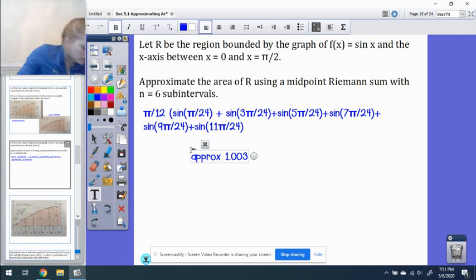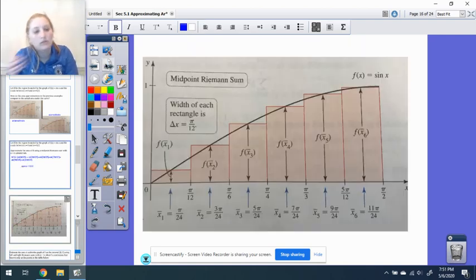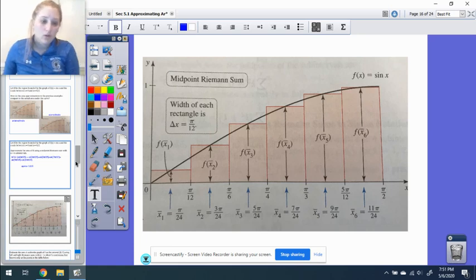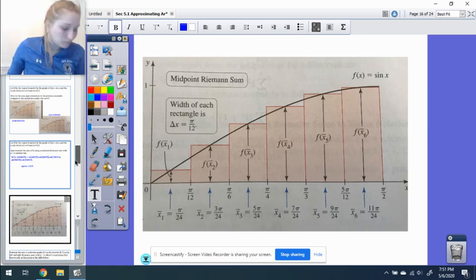So what this is essentially telling us is when you're doing these problems, your left is going to underestimate, your right is going to overestimate, but your midpoint kind of is a nice balance between that because even though a little bit is over, if you take that piece and put it there, and take that and put it there, it's a pretty good match for the true area. Okay, let's do another one.